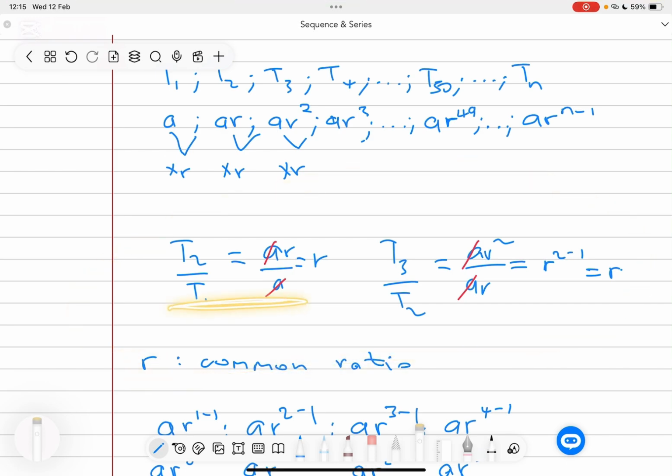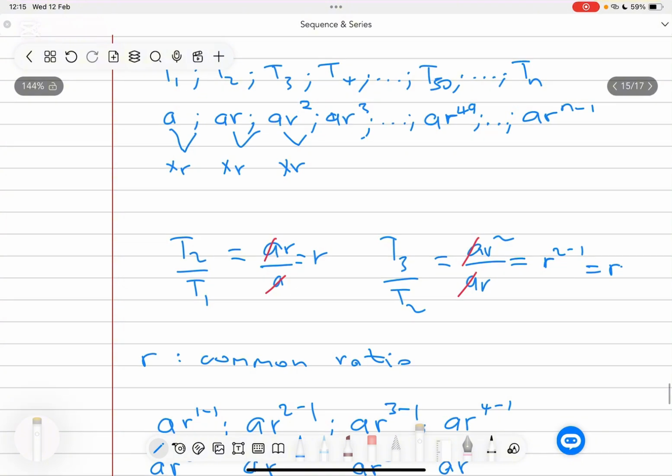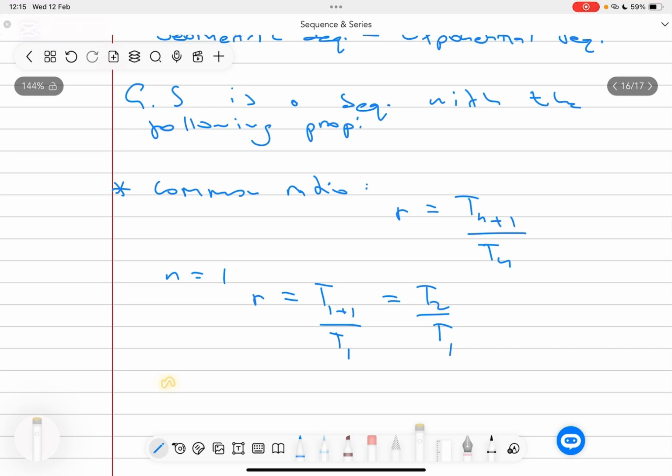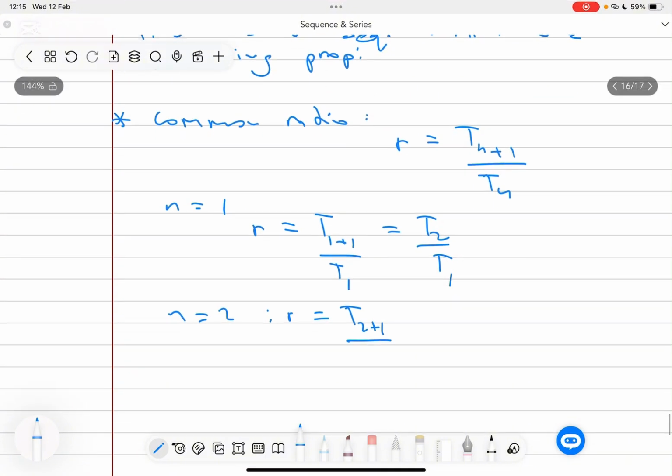You can do the same to get t3 divided by t2 by making n equal to 2. So if we say n equals 2, then we have r = t(2+1), not minus, over t2, because the n is a 2.